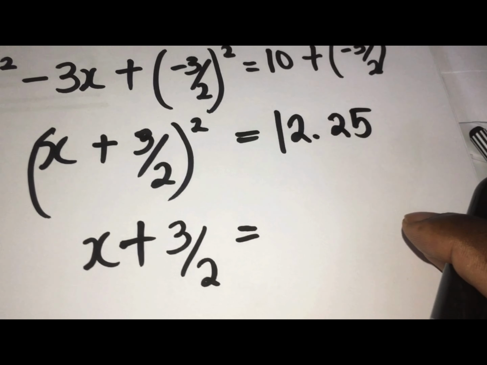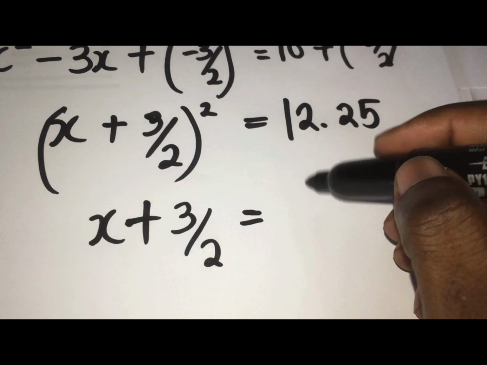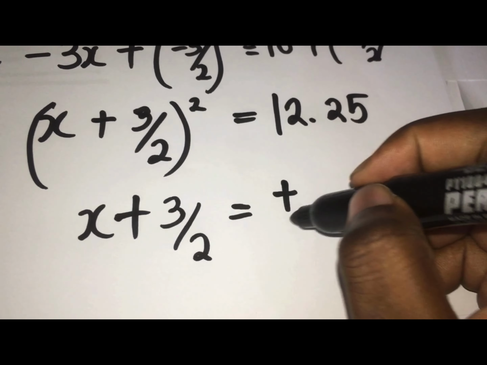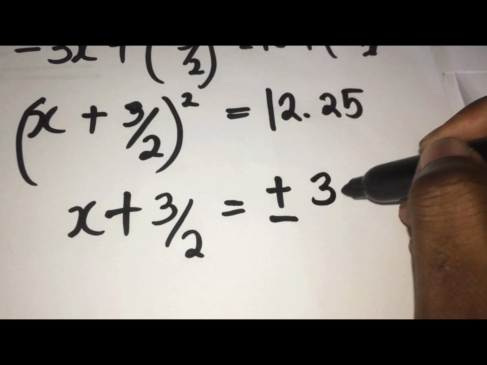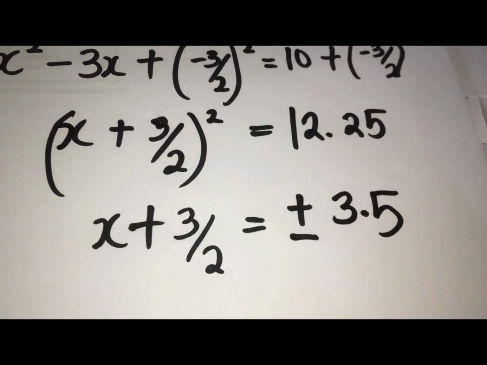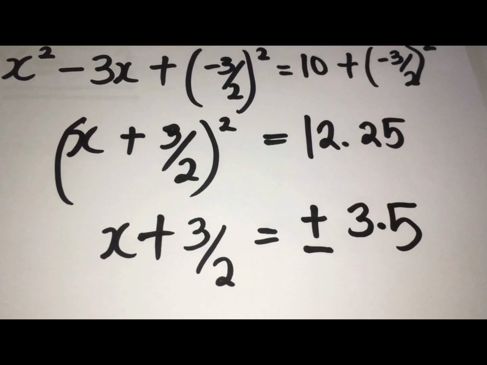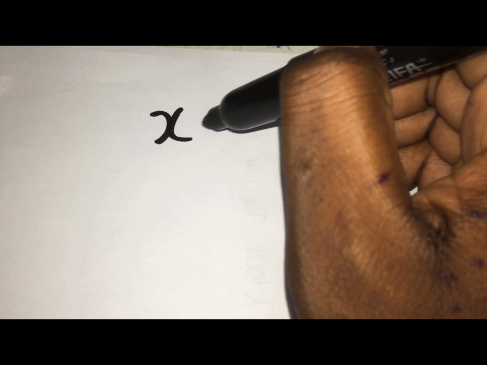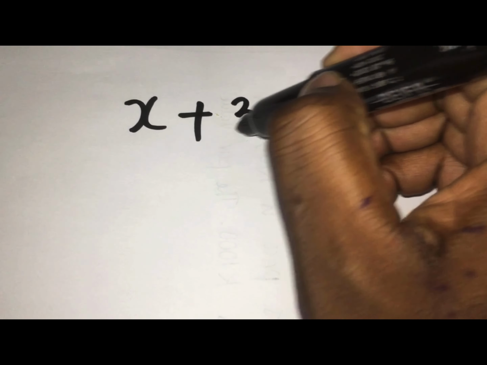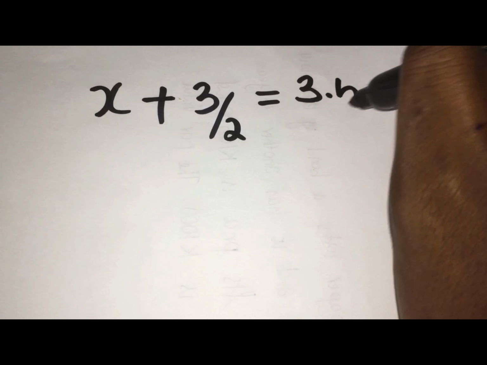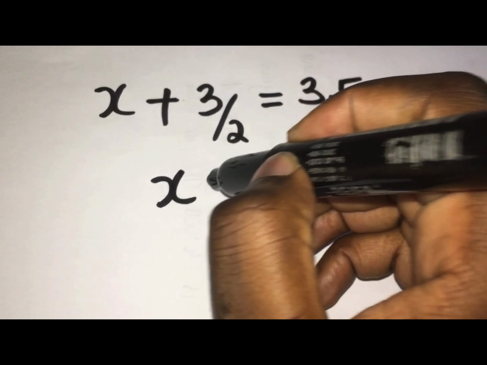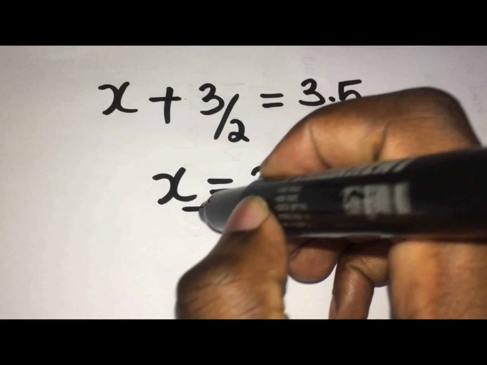then square root of 12.25. You have either the positive number or the negative number. So it's positive or negative 3.5. So you get the positive number. With the positive 3.5, you get x is equal to 2.